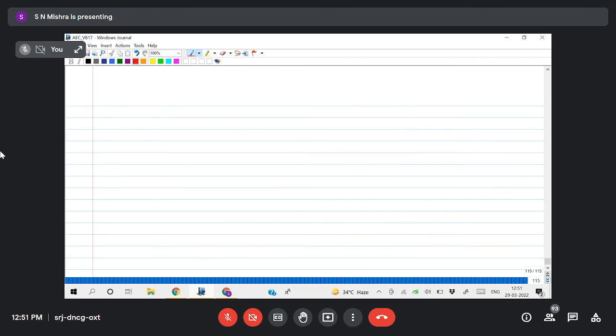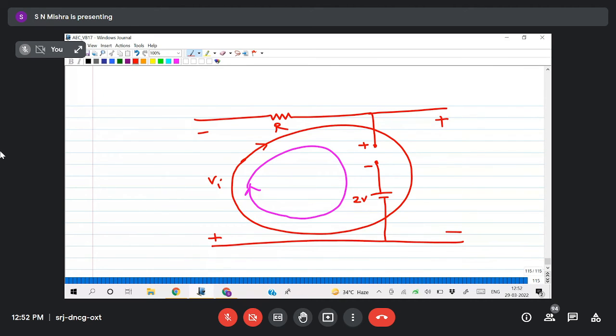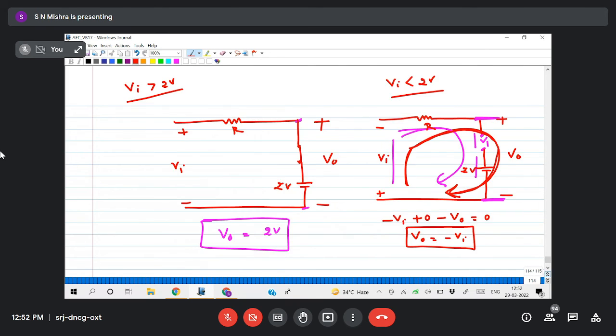If you do not understand, then let me redraw this one again. Okay, so this is one loop and the red one is another loop. Can you visualize now? Understood. Now the KVL is done.